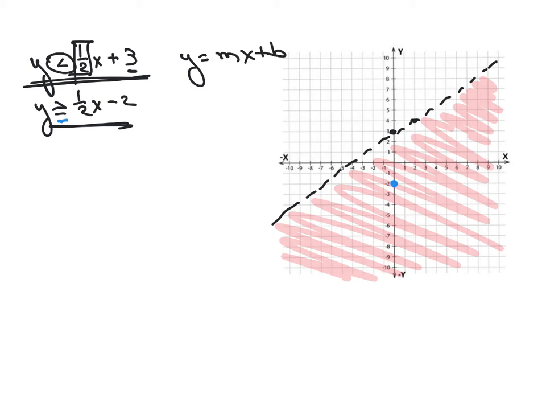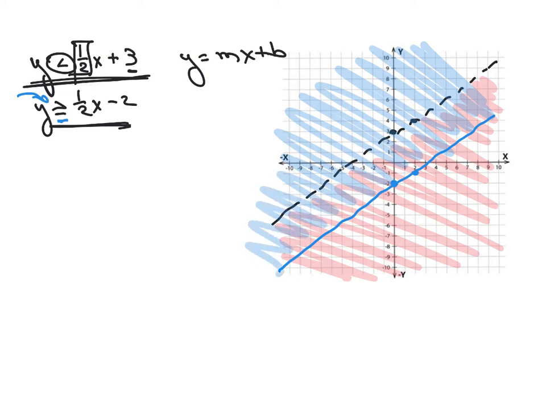So y is a 1, and x is a positive 2. So that's going to be right there. And it's going to be a solid line. And it says y is greater than. So that means I'm going to shade everything above.